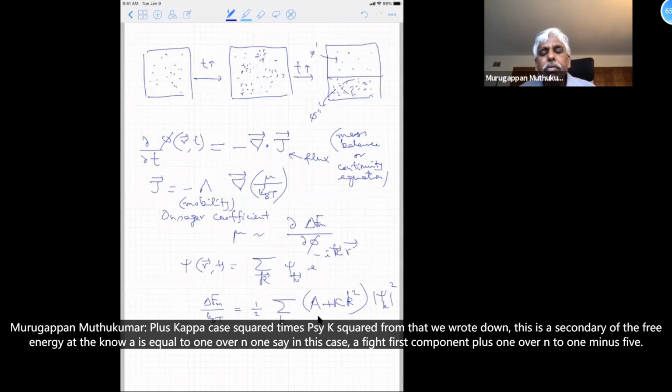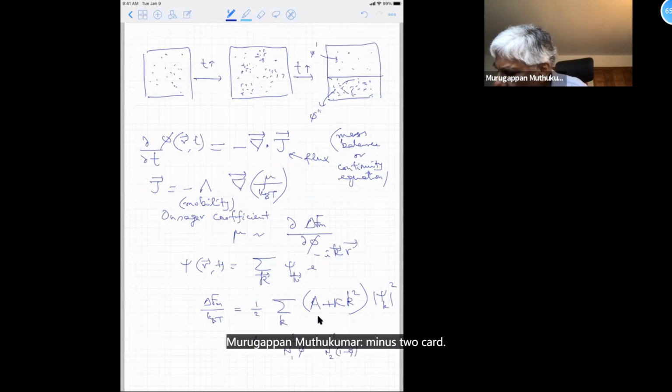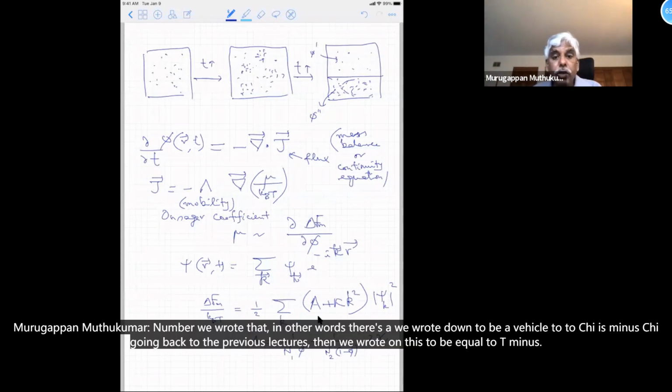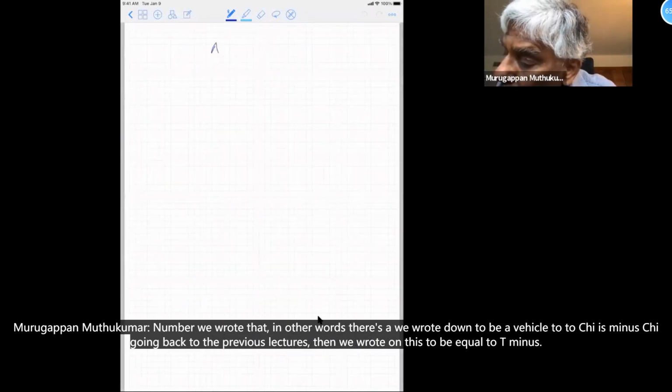This A is the second derivative of the free energy. As you know, A is equal to 1 over n1 phi, for the first component, plus 1 over n2 times (1 minus phi), minus 2 chi. Remember, we wrote that. In other words, A is equal to 2 chi_s minus 2 chi, going back to our previous lectures.